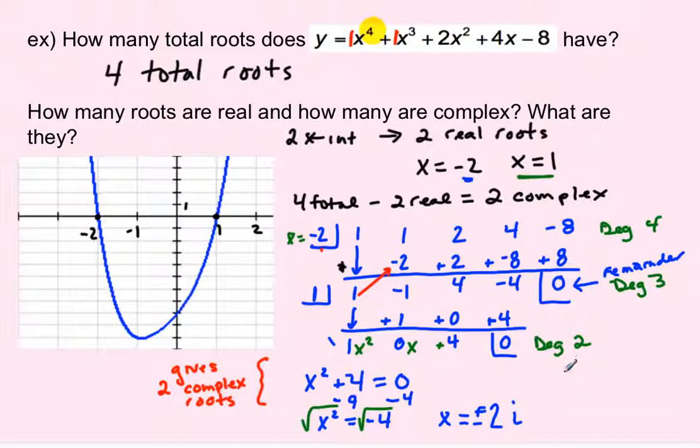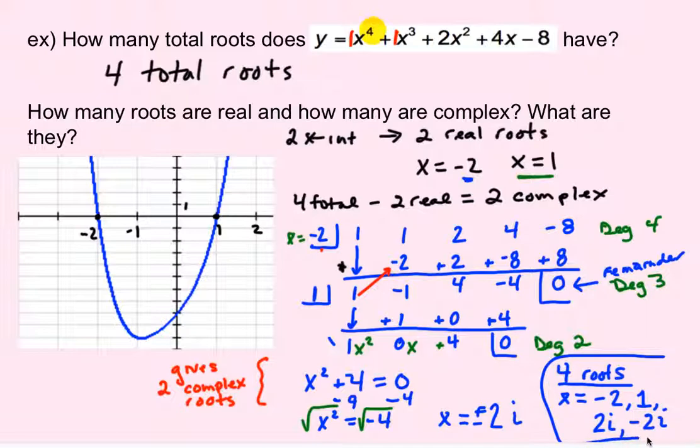So my 4 total roots of this polynomial are x equals this negative 2, x equals positive 1, x equals 2i, and x equals negative 2i. And that's how I can use the fundamental theorem of algebra to find all of the roots of a polynomial.